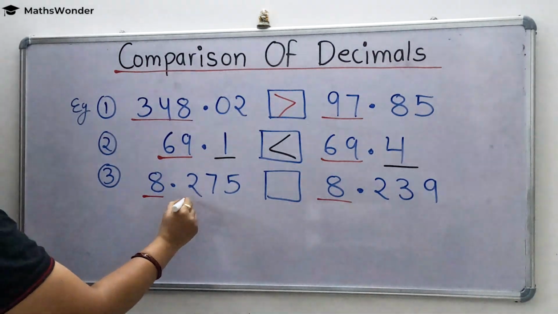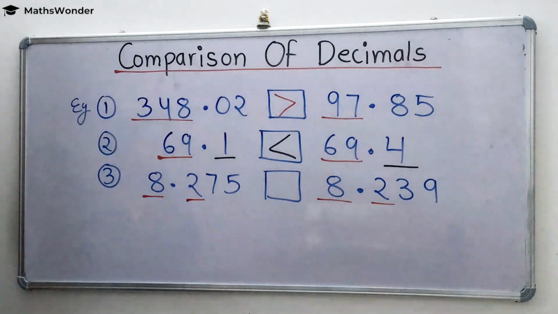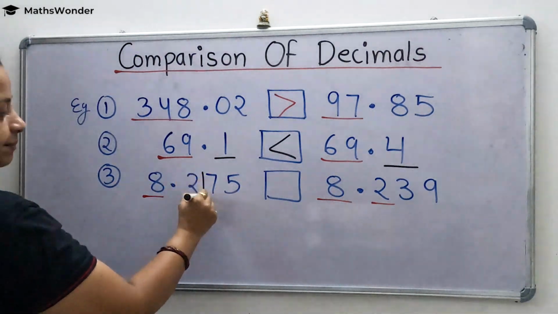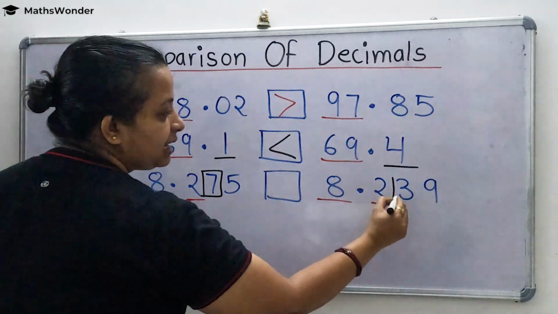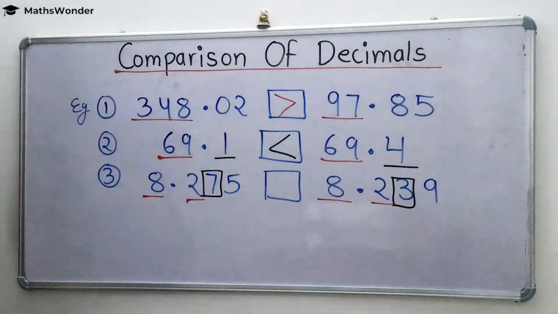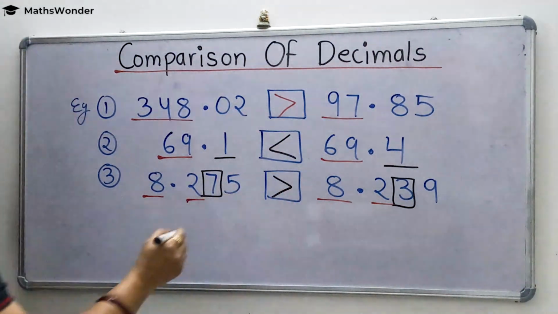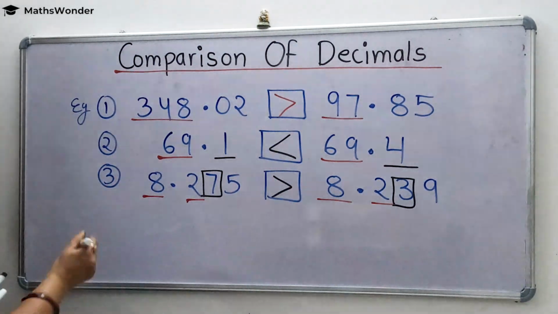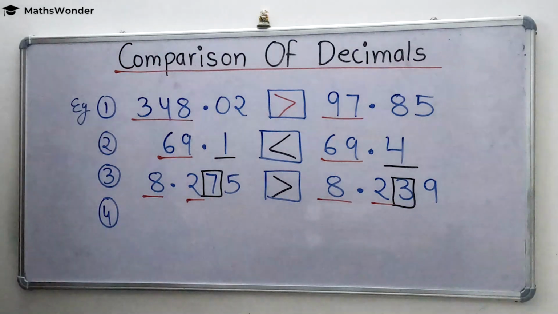The tenths place is again the same, 2 is also the same, but the hundredths place is different. Here is 7, here is 3. Which is greater, 3 or 7? 7. So definitely this will be greater than the other. Understood the concept? So check step by step, because these are easy numbers.